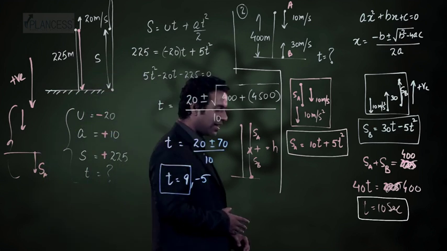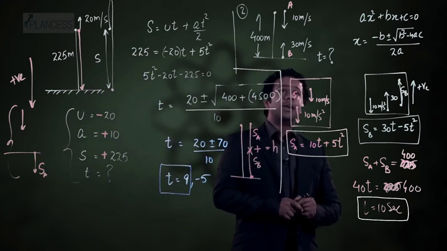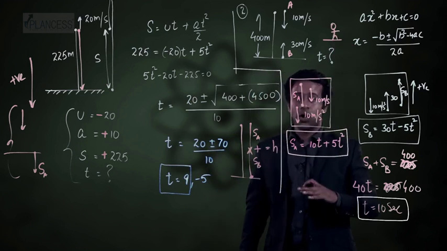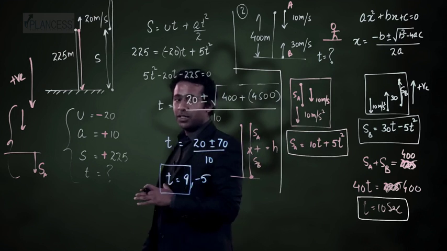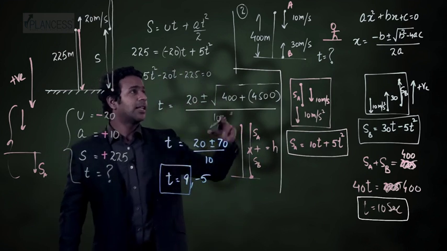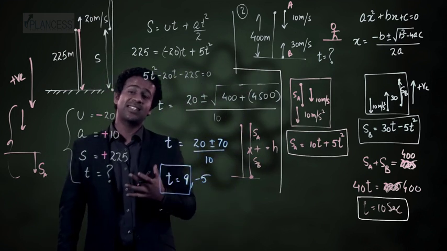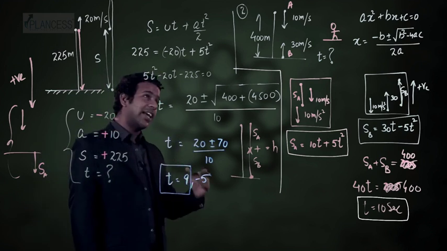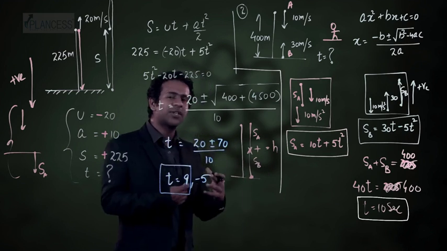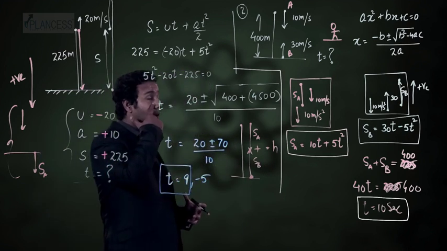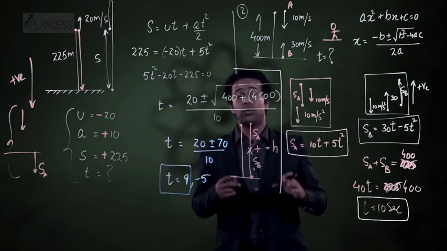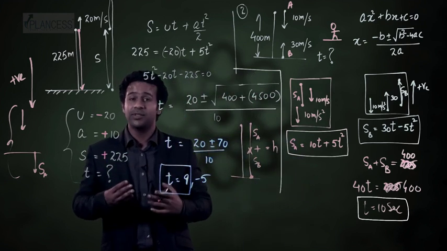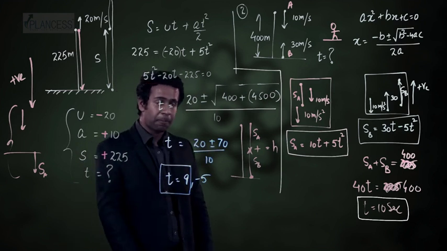This acceleration that we talk of will be the observation of someone who is standing on ground. So an observer who is on ground would say that both of these balls have an acceleration of 10 meter per second square downwards. But if you ask A, any observer who is moving with A, if you ask that observer about B, he would say that B does not have any acceleration because he himself has the same acceleration.